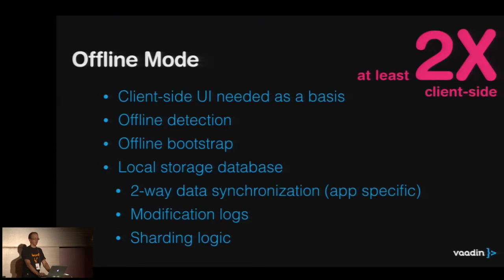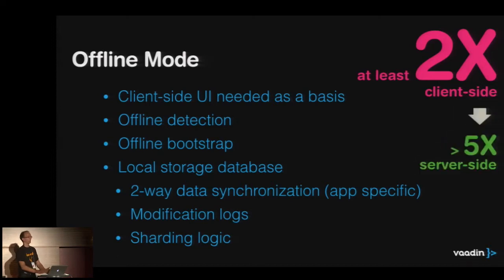But if we say that we need double the client-side code to do this, and we take into account the earlier one where we saw that we need 2 to 3 times the client-side code to implement the same as we do on the server side, we get to the conclusion that actually if we compare an offline view with a server-side view, we are putting like 5 or 6 times more effort into making this offline view than making a server-side view of the same thing.